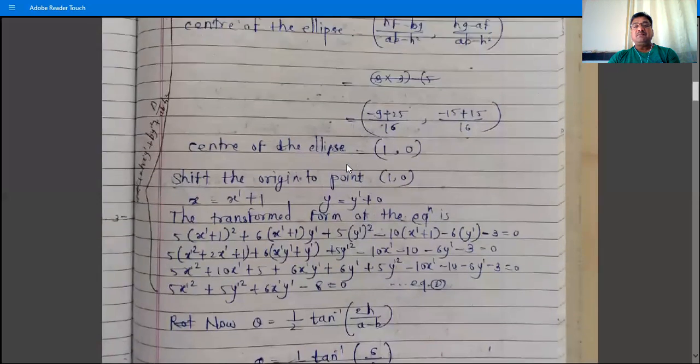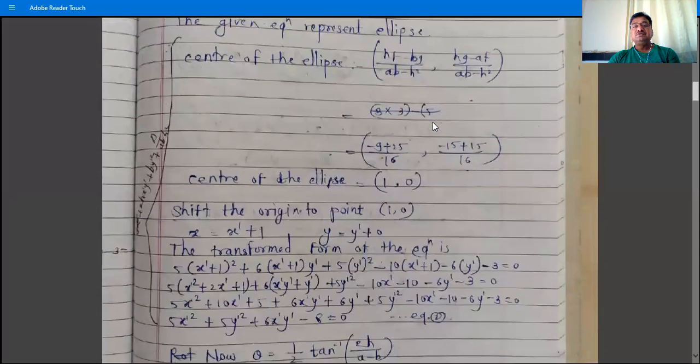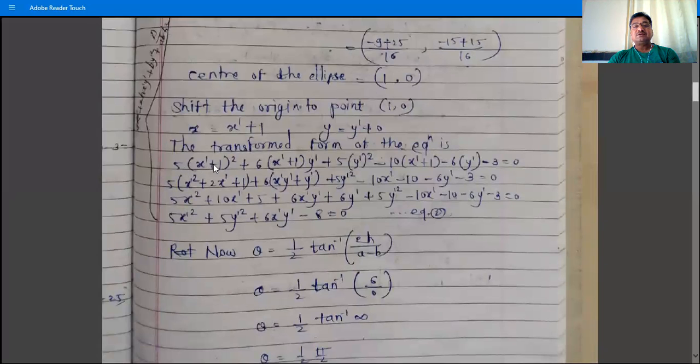Then the transformed form of the given equation is: 5(x' + 1)² + 6(x' + 1)(y') + 5y'² − 10(x' + 1) − 6y' − 3 = 0.